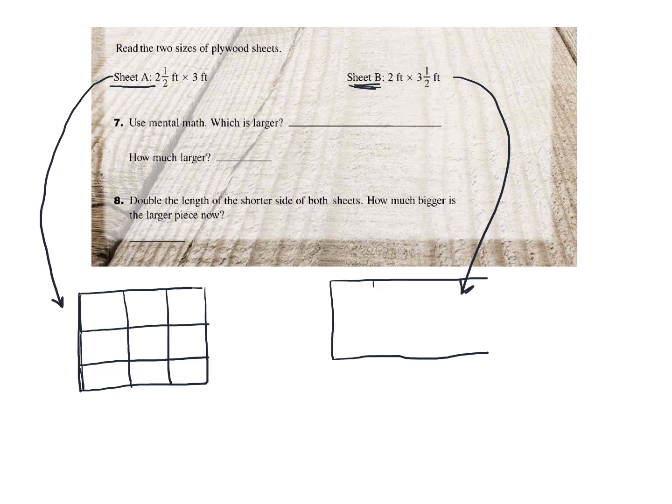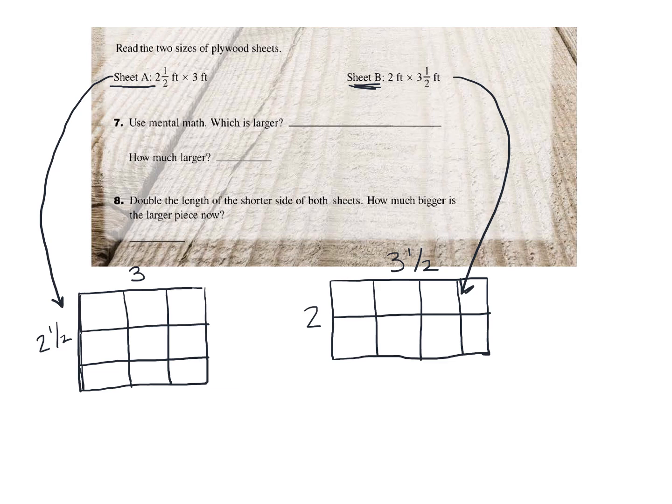So it's going to be 1, 2, 3. We'll make that a half of a foot. And we're going to make that 2 feet. All right. So this is 2.5 by 3, and this is 2 by 3.5.